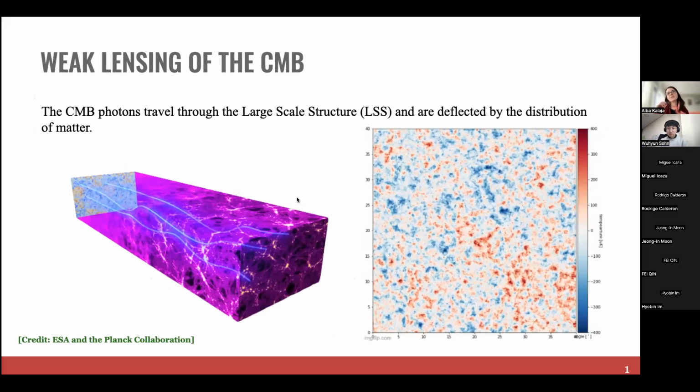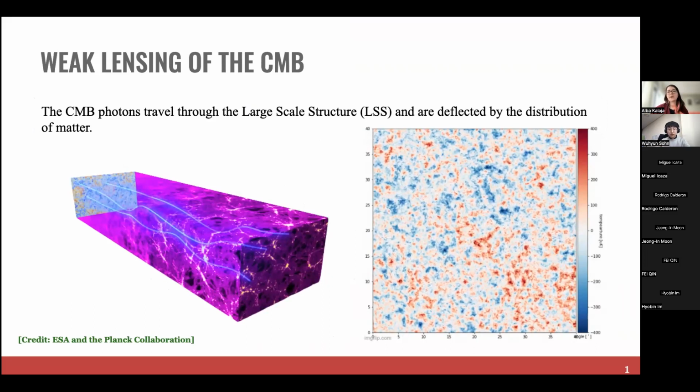So the photons of the CMB, after they're emitted, travel freely through the universe. They encounter the large-scale structure of the universe, so the distribution of matter, and then the photon's path is deflected by the inhomogeneities in the matter distribution. This effect can be seen in the observed CMB anisotropies.